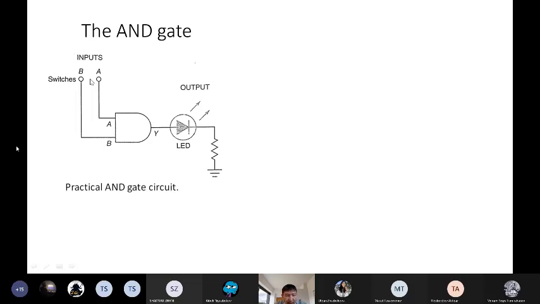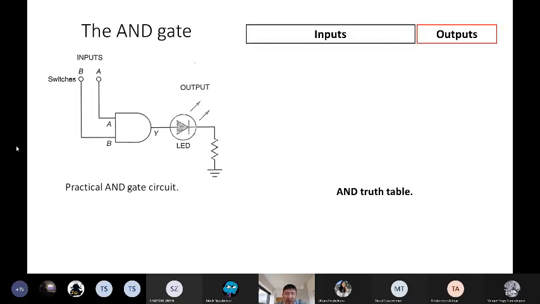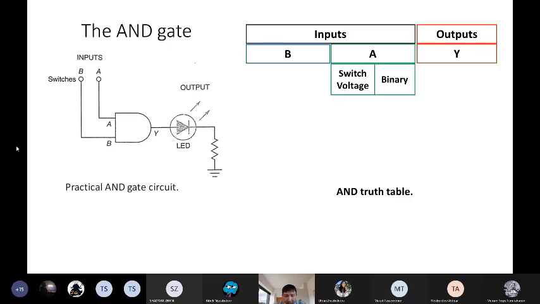For each gate we will have a truth table, and you should not just memorize it, but understand it and feel this truth table. So let's start. We have inputs A and B to the gate, and we have output Y. Our inputs can be just some voltage, high and low, or binary 0 or 1.